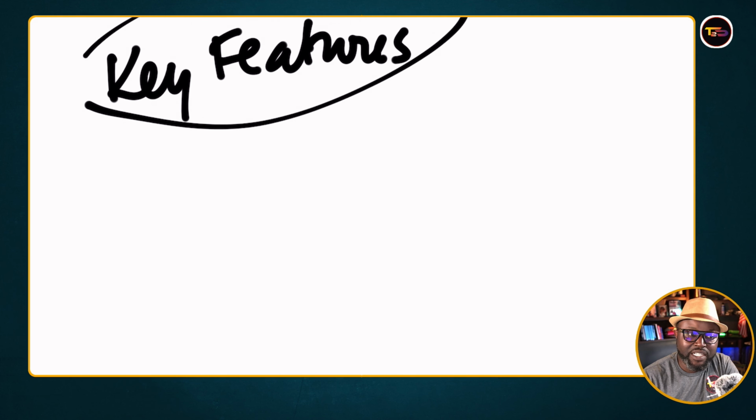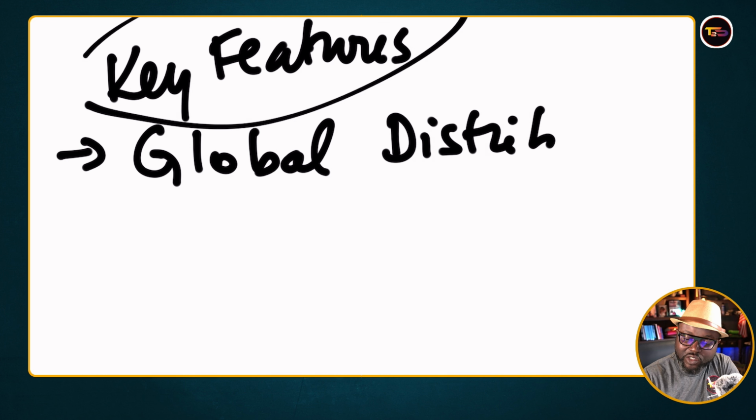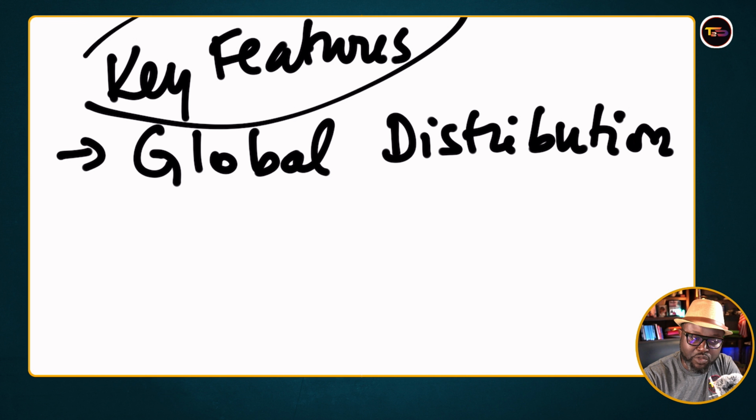So that's what we're talking about here, CloudFront. The key features of CloudFront include the following. Number one, global distribution. It allows you to globally distribute your applications, your services, or your products.